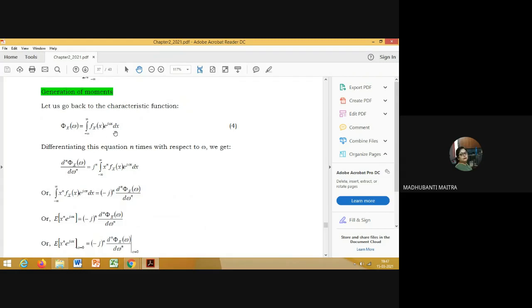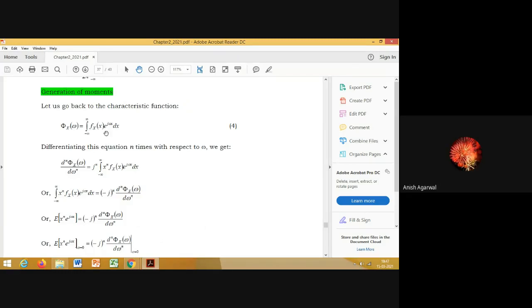Now, if we consider a random variable to be a discrete one, then the first thing that we'll have to do is replace this integration sign with a summation sign. This fx part will give us the probability that the random variable x will assume a discrete value xi, that we know.